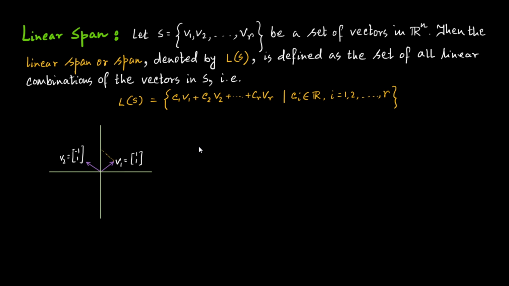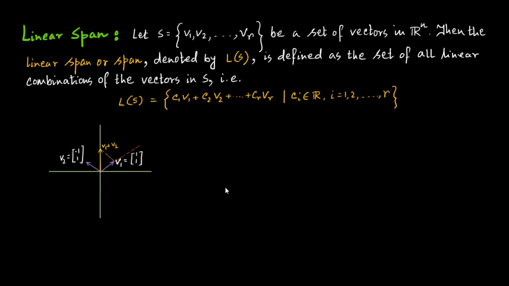So I will get a vector like this, v1 plus v2. Now, say if I consider another linear combination, say 2 v1 plus minus 1 into v2. That means 2 v1 minus v2. So 2 v1, that means I can think that I am doubling this v1.